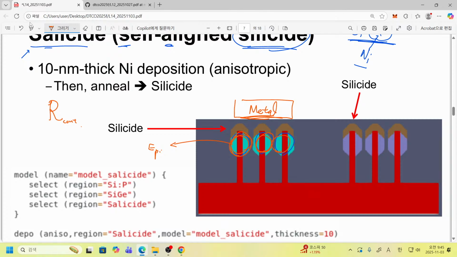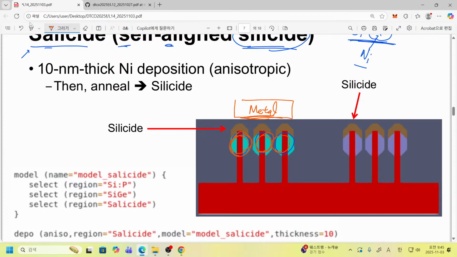We want to reduce this contact resistance as much as possible. So we introduce an intermediate layer going from pure silicon to pure metal. In this case, we introduce a silicide layer, and for that purpose nickel is widely used.